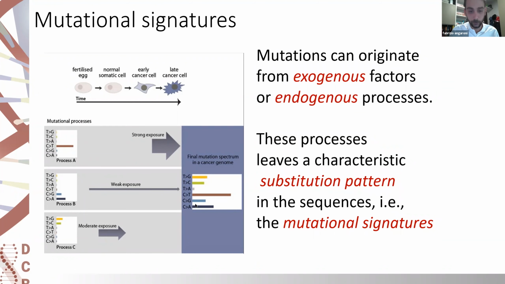For example, we do a bulk sequencing experiment of our cancer sample, and we obtain a mutational spectrum, where we count the number of mutations that are C to T or T to G. Then we can decompose this spectrum into the different sub-processes that create it, and the exposure: how much each process is active in that sample.